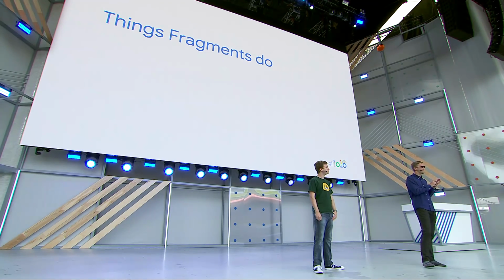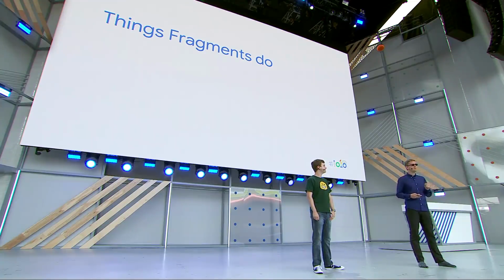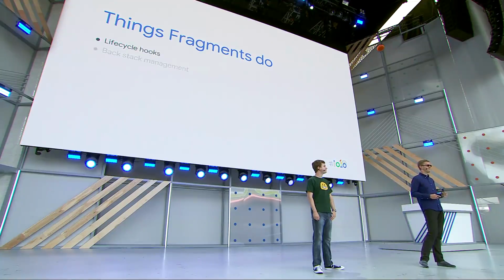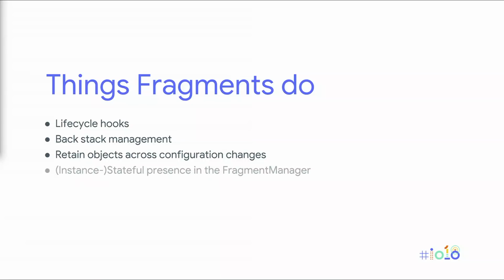So with these things in mind, every one of those fragments, whether it's a small thing just managing a view, or if it's a retained instance fragment, every single one of these fragments give you lifecycle hooks. Every single one of them has backstack management associated with them. Every single one of them has a retained object that it can do across configuration changes.